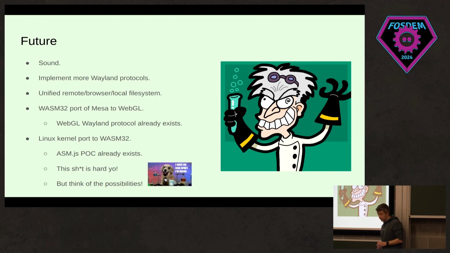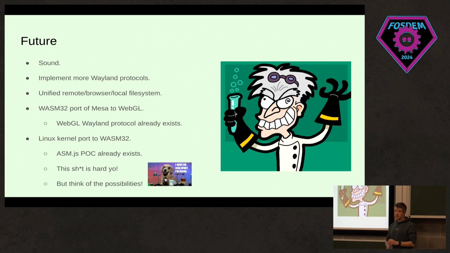And then last, the hardest part, also the coolest part, is the whole emscripten POSIX issue. It would be nice if you simply got rid of emscripten and could compile applications directly to WebAssembly and actually have a Linux microkernel running in your browser. Somebody else who is also crazy ported the Linux kernel to ASM.js.